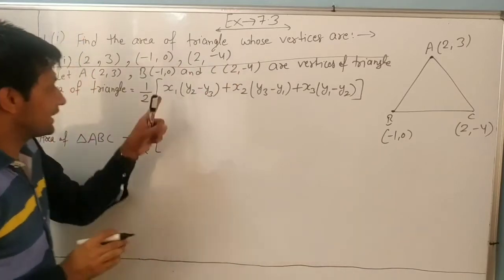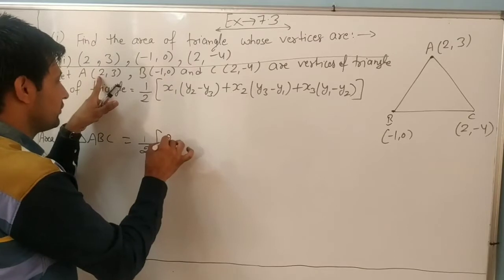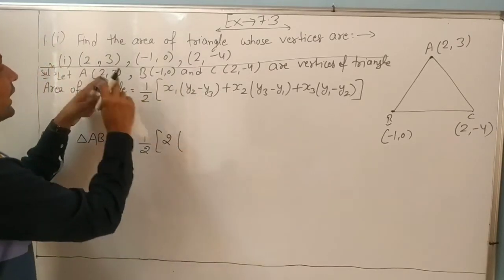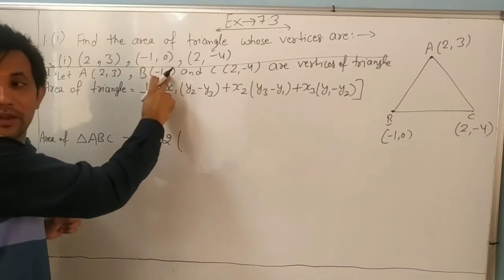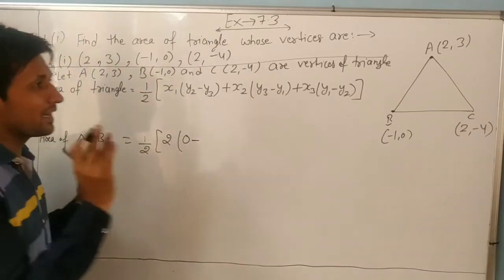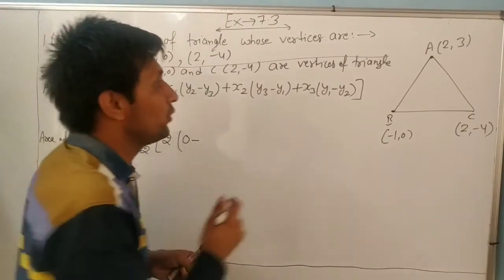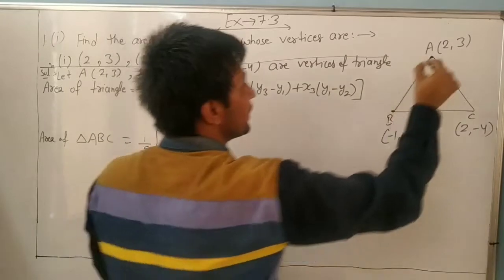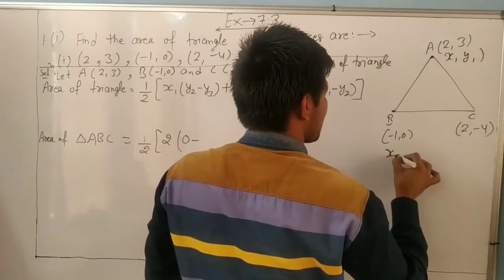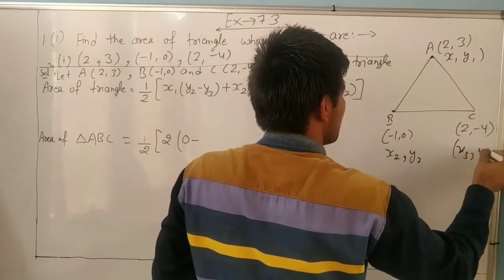So first is x1. What is x1? x1 is 2, bracket start y2. If you have any confusion in x1, y2 and y3, you can first write x1 y1, x2 y2, x3 y3 here.